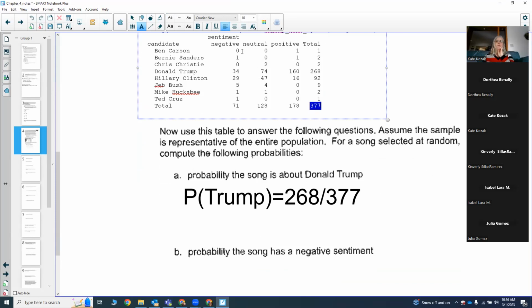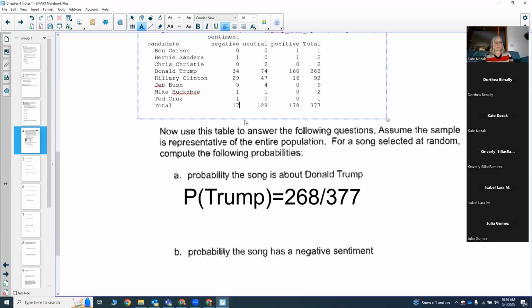The 34 was just for Donald Trump. So this is just negative for Donald Trump. However, I asked for just negative sentiment. 71 out of how many?